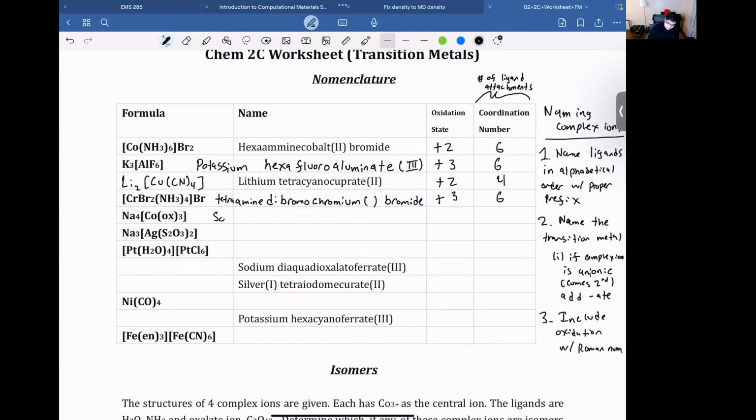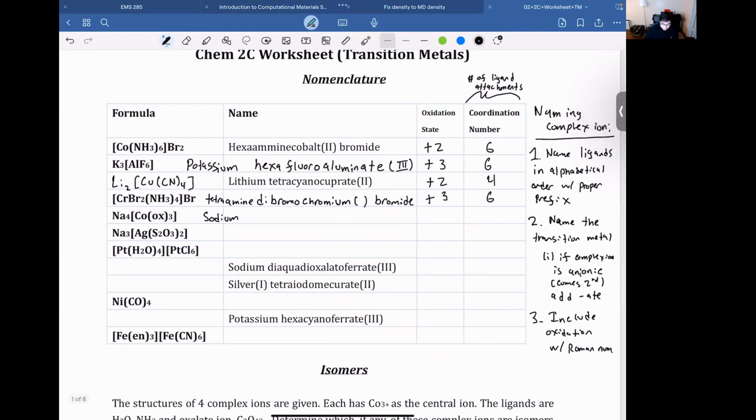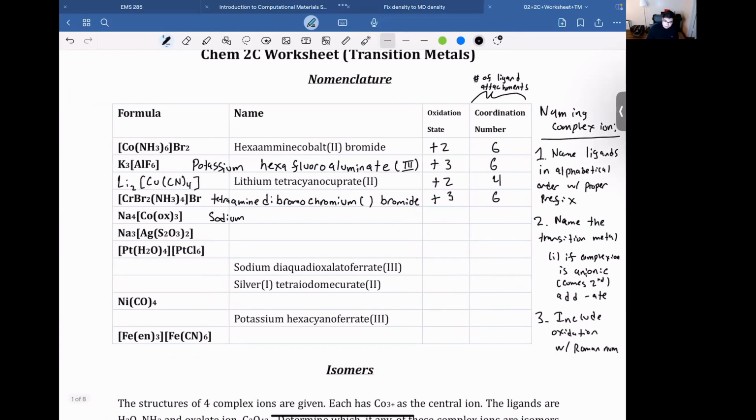we start with, again, sodium, just as we did in the second one. Then we name the complex ion. So the ligand is oxalate. The name you name oxalate is oxalato. So this is trioxalato.